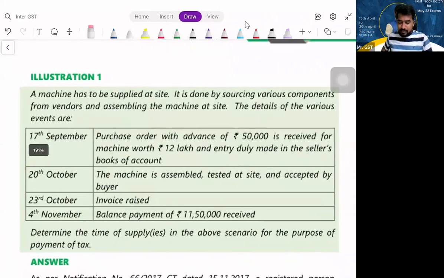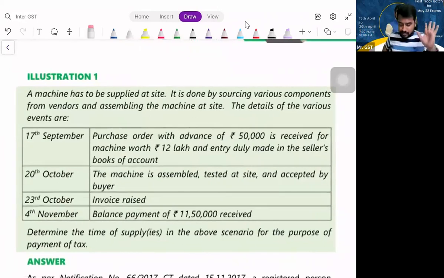Illustration 1. What is the time of supply for this? You will definitely make a mistake. I want you to do that.